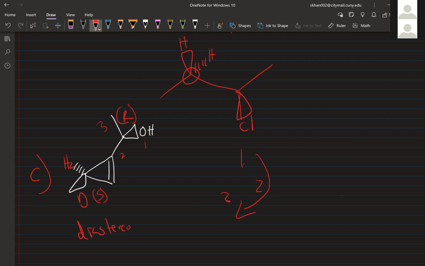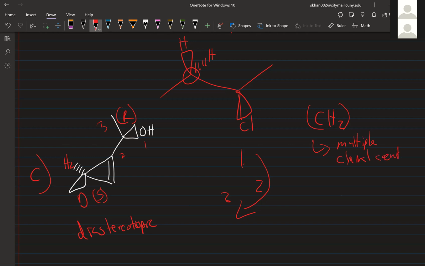So generally, whenever you see multiple chiral centers, the protons in CH2 groups, this is a good thing to remember, those CH2 groups are not going to be enantiotopic. They're going to be diastereotopic.